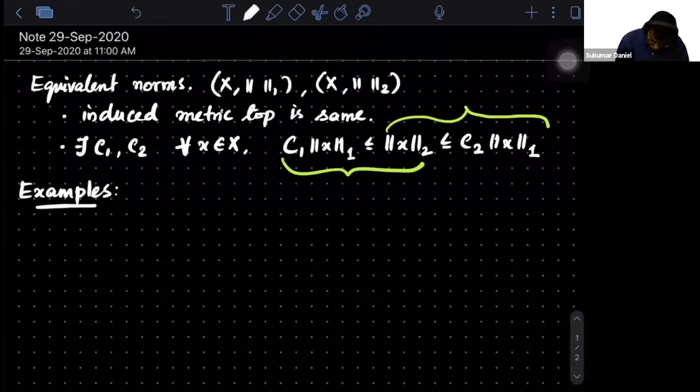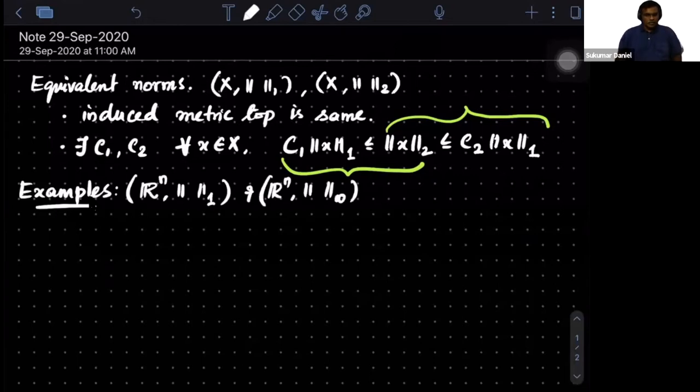Let's consider Rn. Let's say the 1 norm, and the same space with the infinite norm.